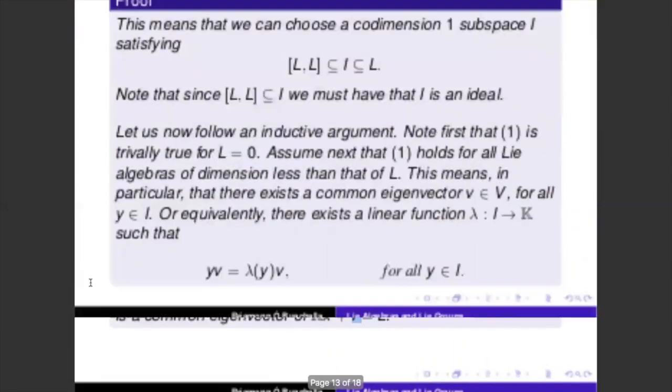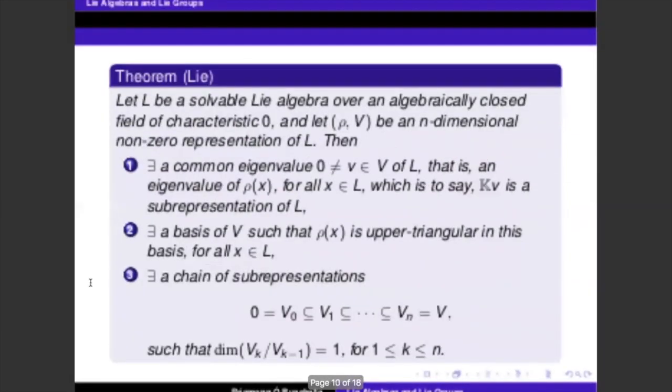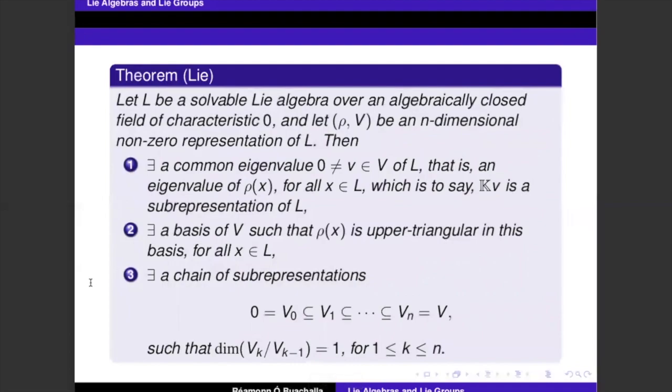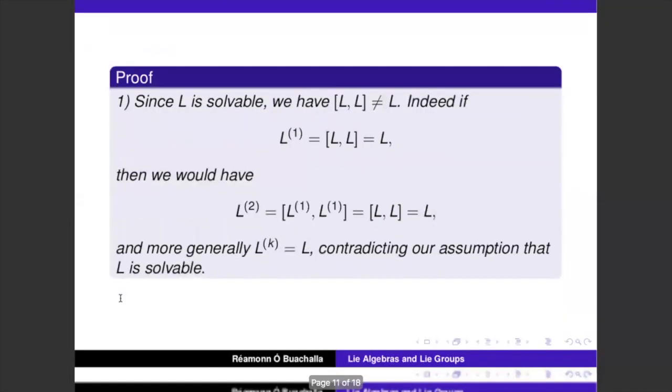Maybe we can just go back for a second and look at Lie's theorem because you may have forgotten. So this is the first part, which is now proved. We've got this common eigenvector. And now we want to show that there exists a basis such that the matrix of every element of L with respect to the representation is upper triangular.